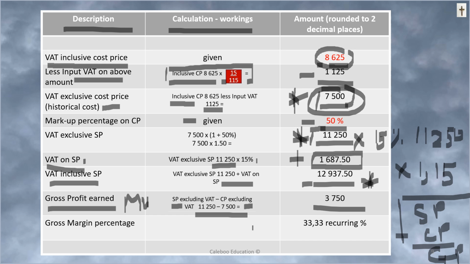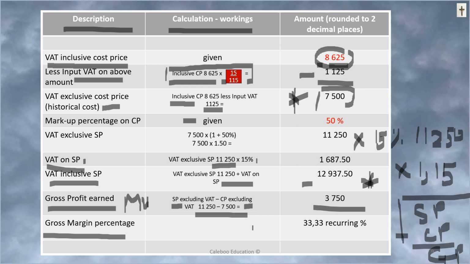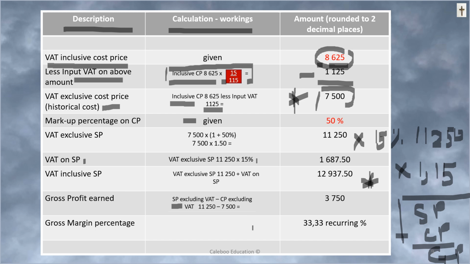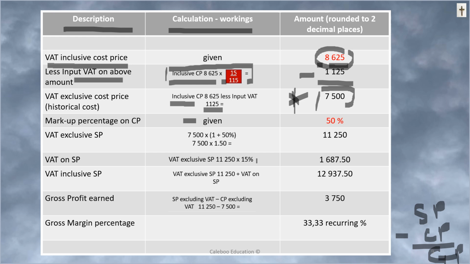Now, what is the gross margin percentage? Remember, we were given the markup on cost price percentage of 50% earlier on in the question, in the calculation. There you can see in the red, it says 50%. That was the markup on cost price. Remember, there are two ways to calculate the markup.